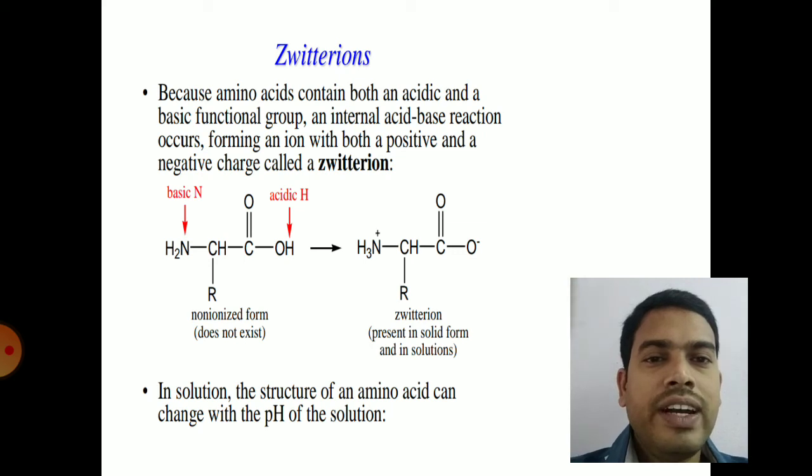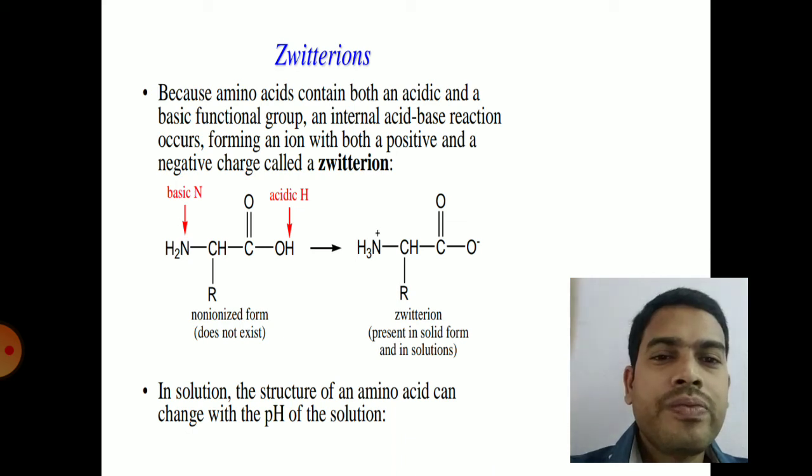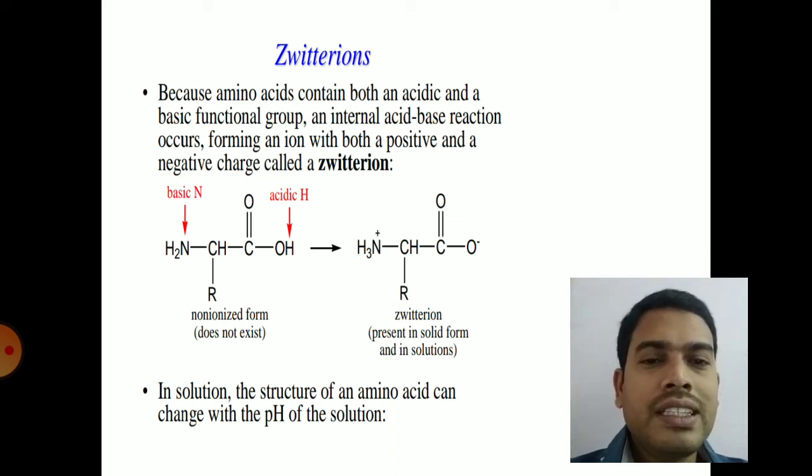So the next property is zwitterions. Amino acids contain a carboxylic group and an amino group. Generally it is written as NH2 and COOH, a general representation.